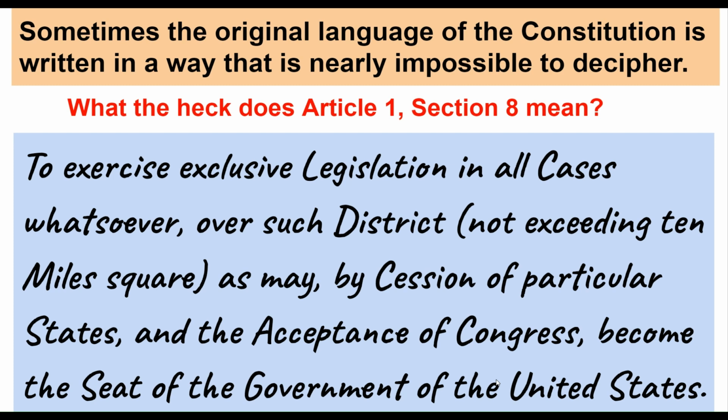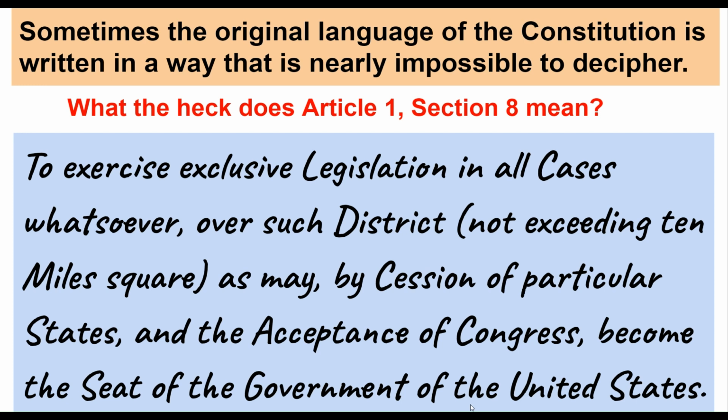And that district had to be taken from land of states back then. So it was taken from both Maryland and Virginia. So that's what it means by cession. Cession means to take away land of particular states. And Congress had to accept this whole plan that would come up in the first few Congresses of where the national capital was going to be.